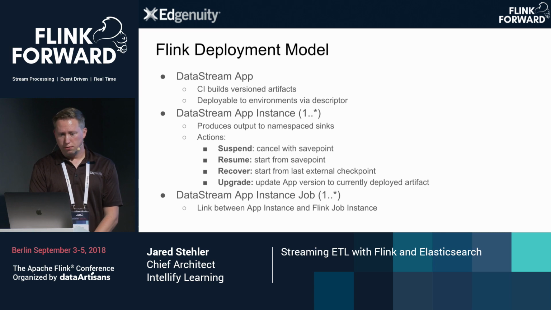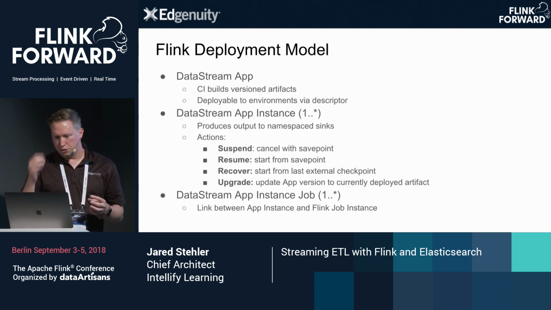In our deployment model, we've created a couple of abstractions. We've created the concept of a data stream app, which is what's built in CI and versioned, and it's deployable using our deployment service. We created a deployment descriptor format for it, which I'll show in a second. Instances of those are started by our data stream service, and those produce output to namespace sinks, so that when you start two instances of the same app, they don't clobber each other's output data.